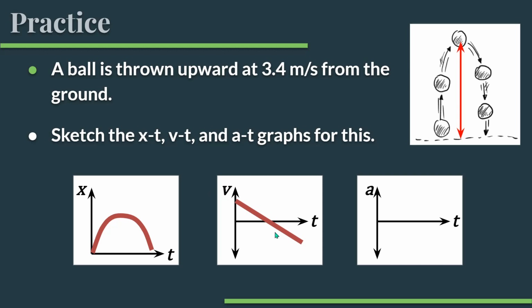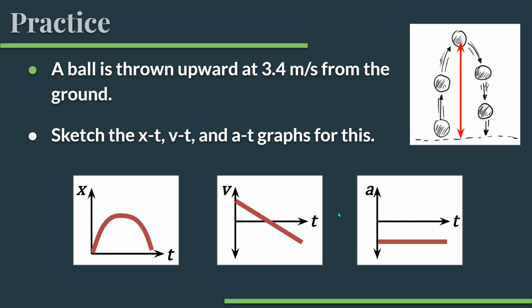It has to have a constant slope because I have constant gravity, but it starts out in the upward direction, so that's the positive region of my graph. It goes to 0 because it reaches that max height where it's 0. Okay, and then from 0, it speeds up going down. That's exactly what this line shows. It has a negative slope. Specifically, it has a negative slope of negative 9.8.